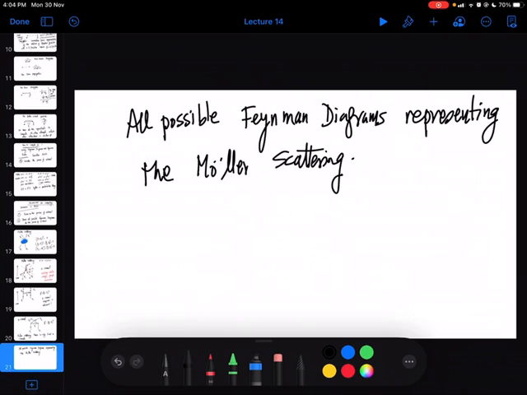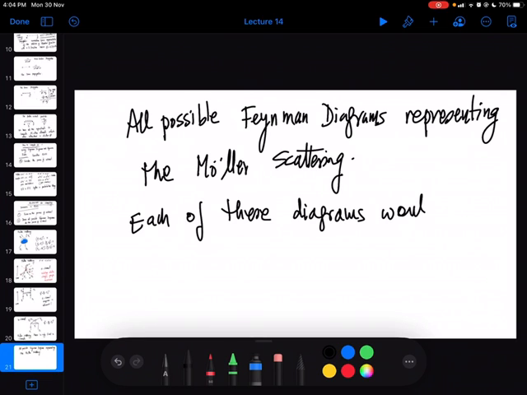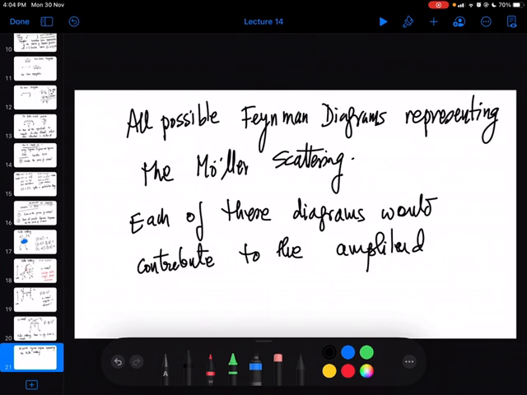Each of these diagrams contributes to the amplitude, so what we need to write down is the amplitude for each of these diagrams. Now, what are the rules for writing down the amplitude?